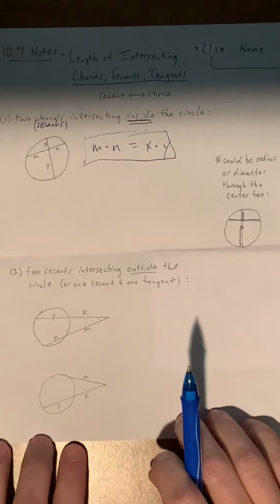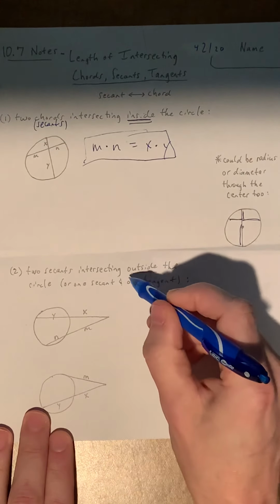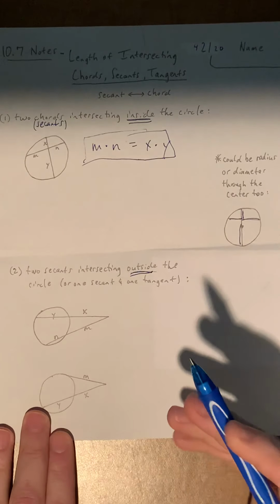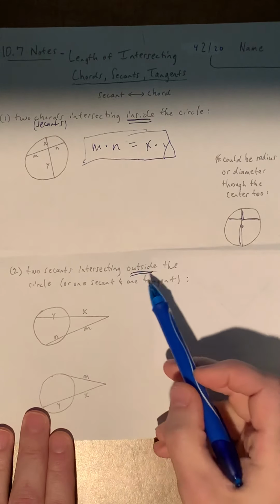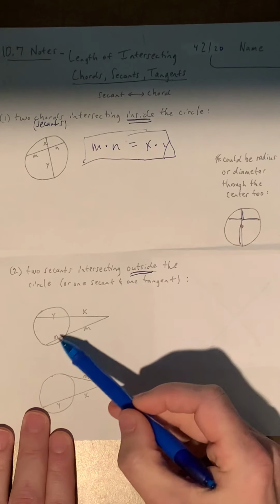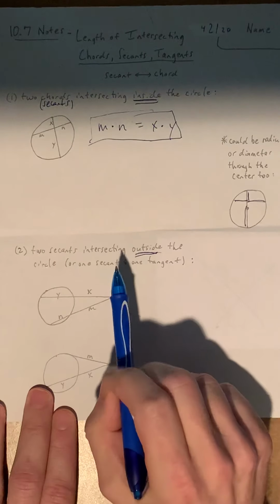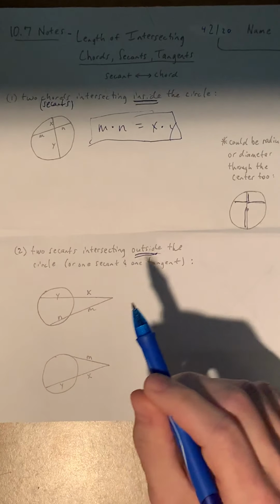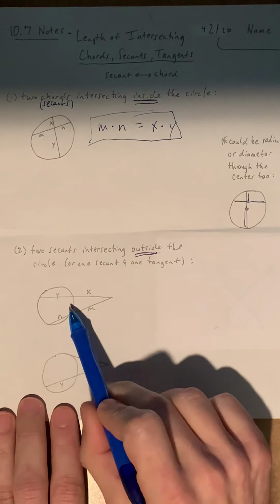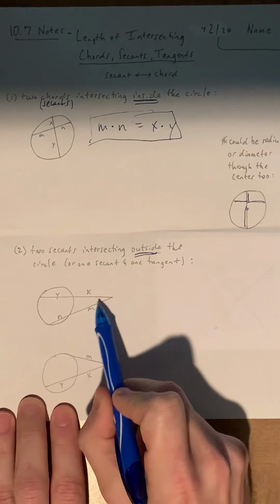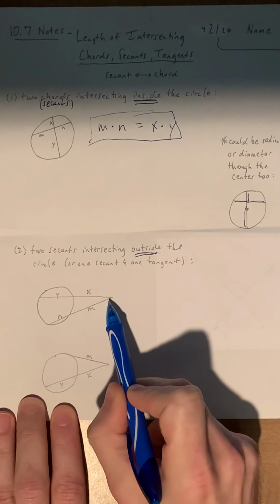This one involves two secants that intersect outside the circle. So now we're looking at pieces like in the first rule, but these secants are going to intersect on the outside. It's a diagram that usually looks something like this, where you have a secant and a secant here, and they intersect on the outside.